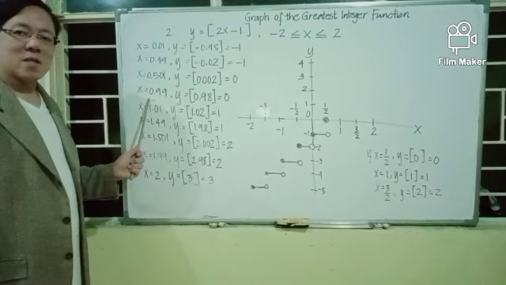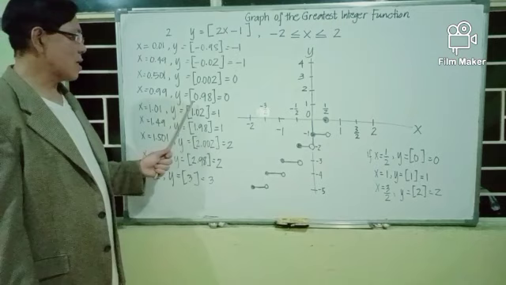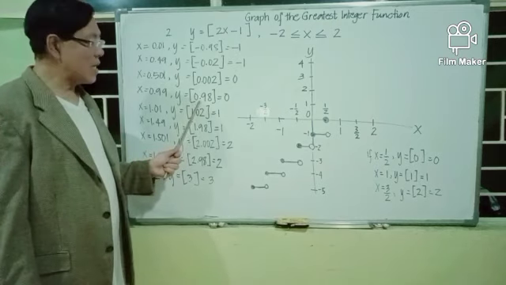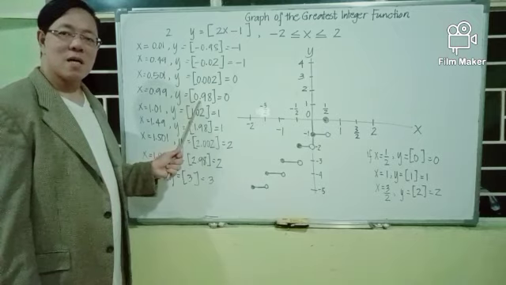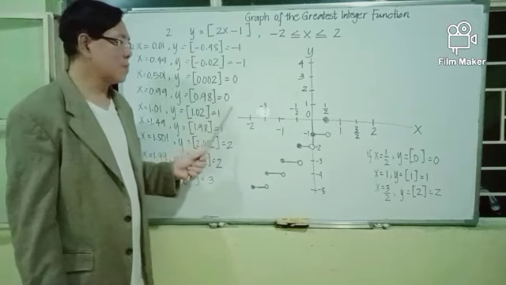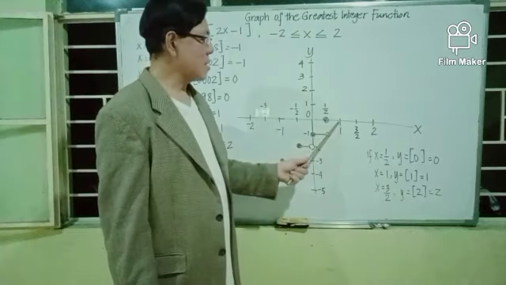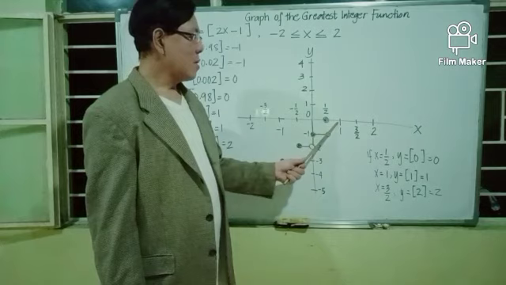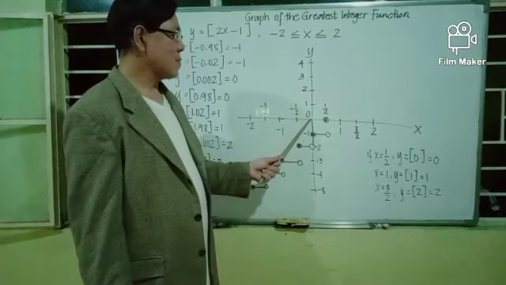Hence, when x is 0.99, the value of y is the floor of 0.98. That is the greatest integer that is less than 0.98, and that integer is 0. When x is 0.99, it is in this interval, and the value of y is 0.